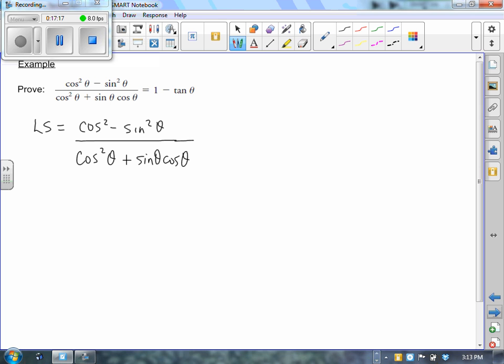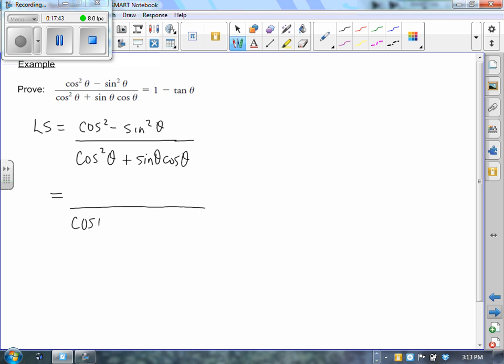So we do need to come up with some form of identity, something that we can use to our advantage. Just by recognizing that there are some like terms in the denominator. Each term happens to have, I shouldn't say like terms, but like factors would be a better way to put it.